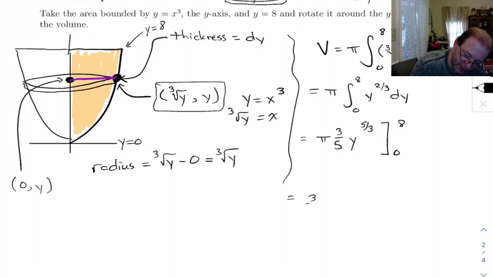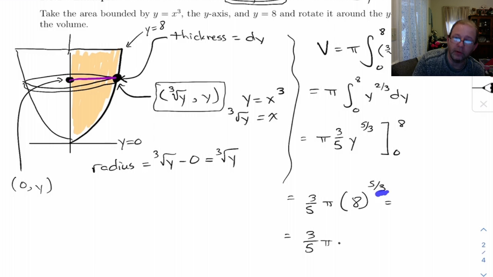So we get 3/5 pi times 8 to the 5/3 power. Okay, 8 to the 5/3: you take the cube root of 8 and you get 2. Then you raise 2 to the 5th power and you get 32. So it looks like we get 32 times 3, which is 96 pi over 5.